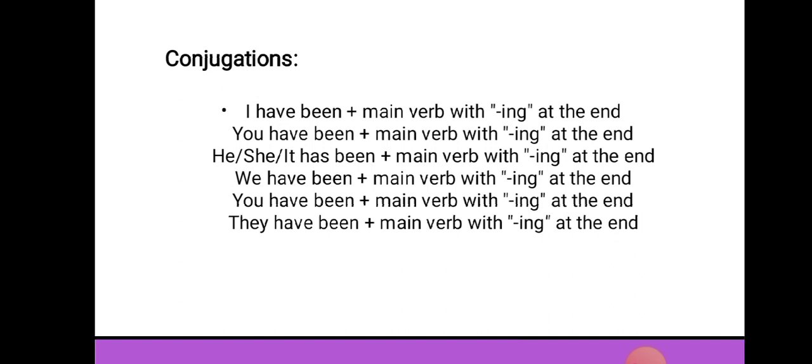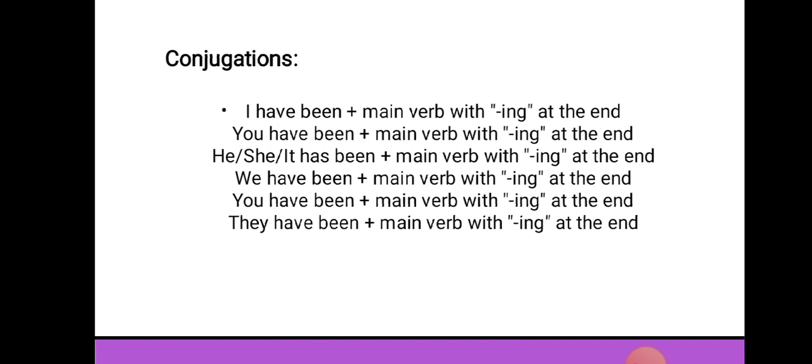Have or has are the auxiliary verbs that are used in the present form of the present perfect. Have is used with the personal pronouns I, you, we, they, and has is used with the personal pronouns he, she, it.